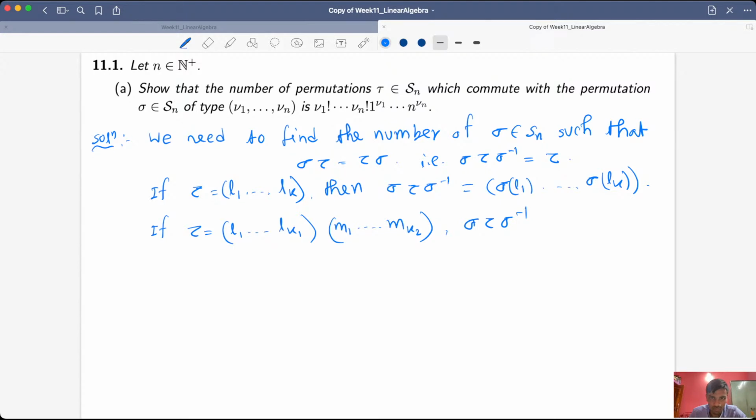So sigma tau sigma inverse I can write simply as sigma L1 up to Lk1 sigma inverse sigma, because this is just identity, and then I am again writing M1 up to Mk2 and then sigma inverse.